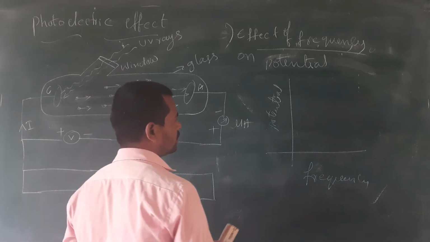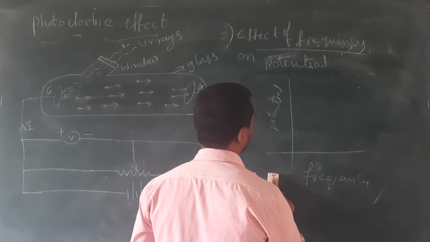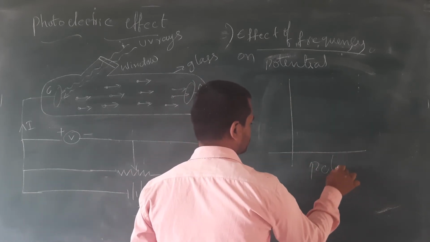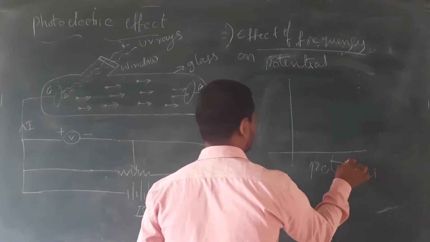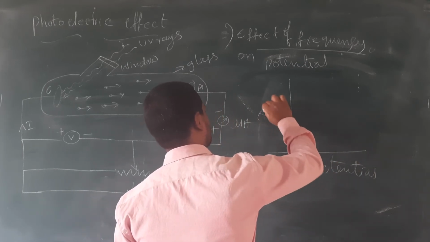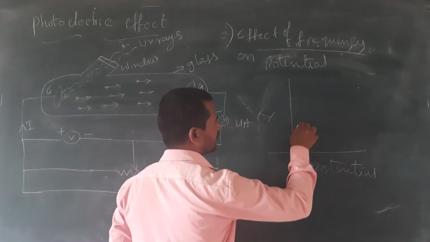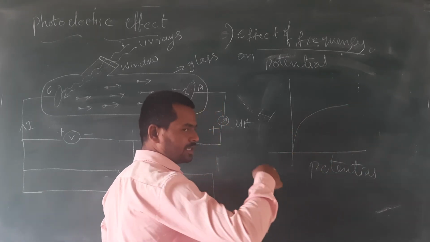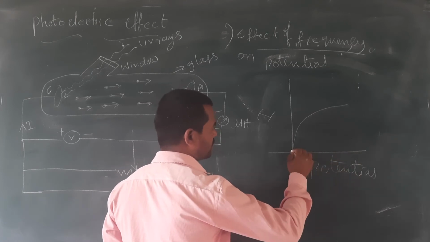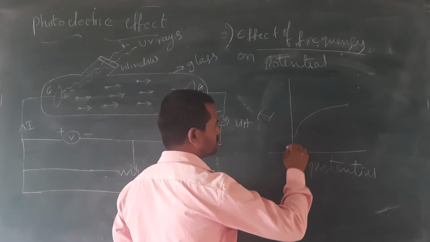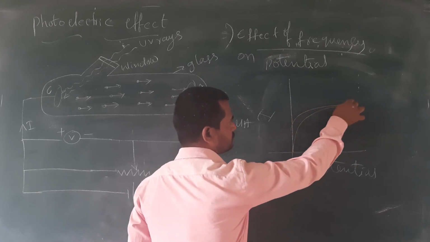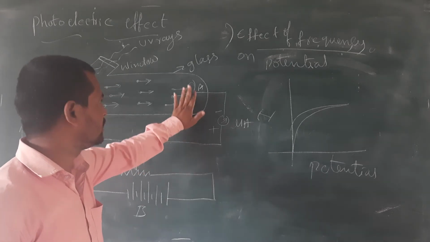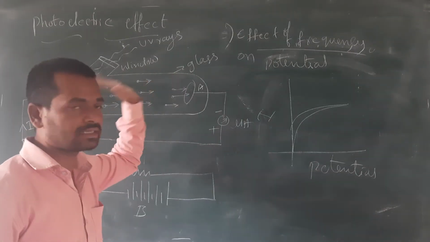Here, the current can change like this. Again, if you take other materials and increase the same potential, like this, when you increase the positive potential, it becomes very positive and starts attracting all the electrons.